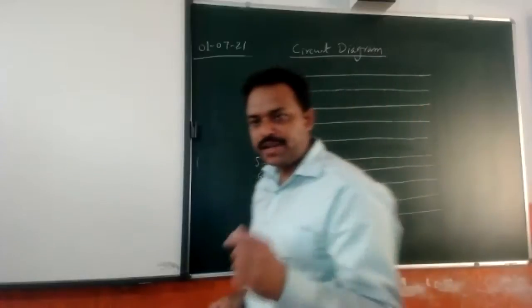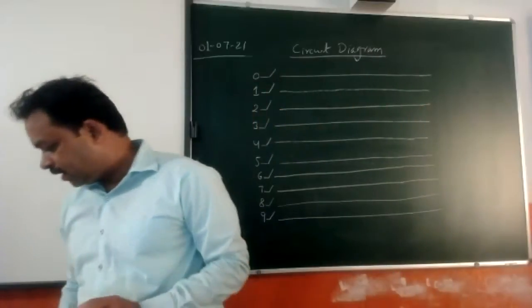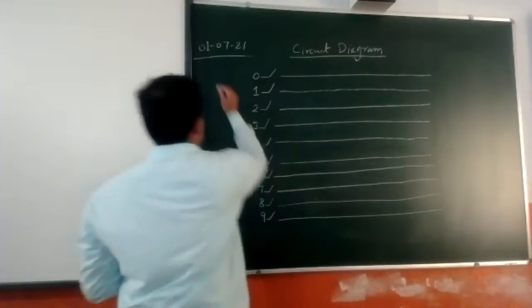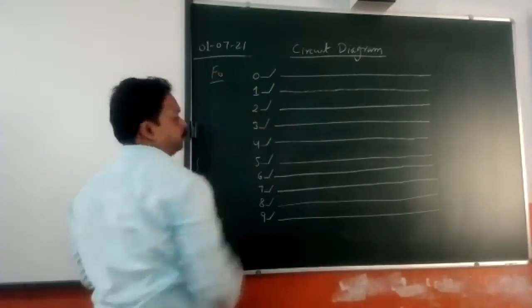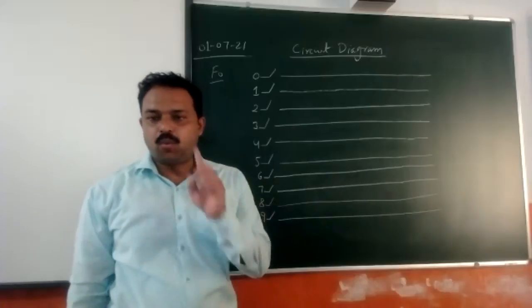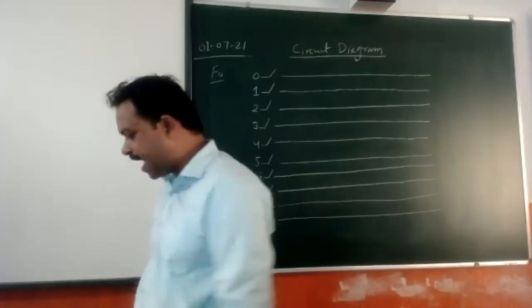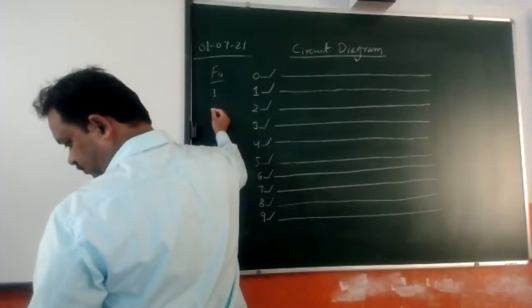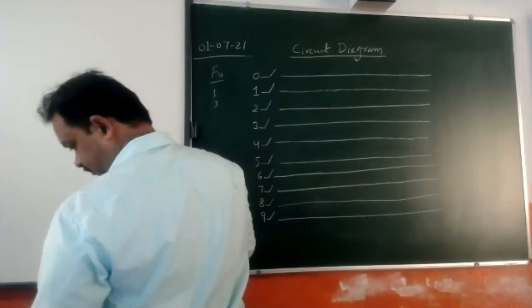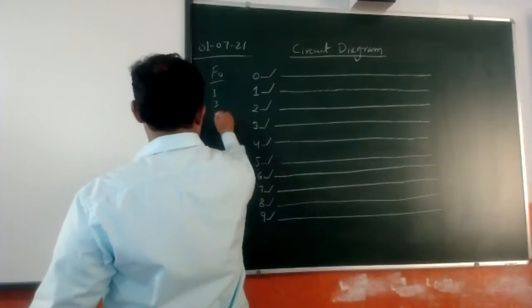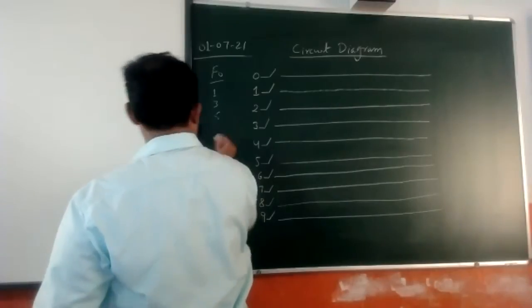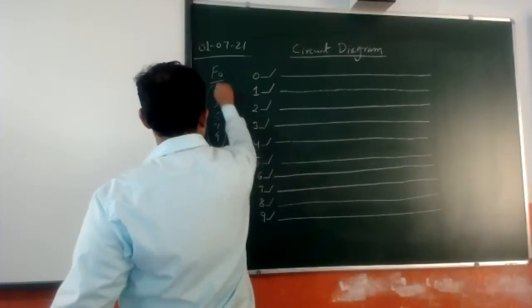Just now look at the truth table. Just see the column of F0. Where we have 1 as the output: 1, 3, 5, 7, 9.